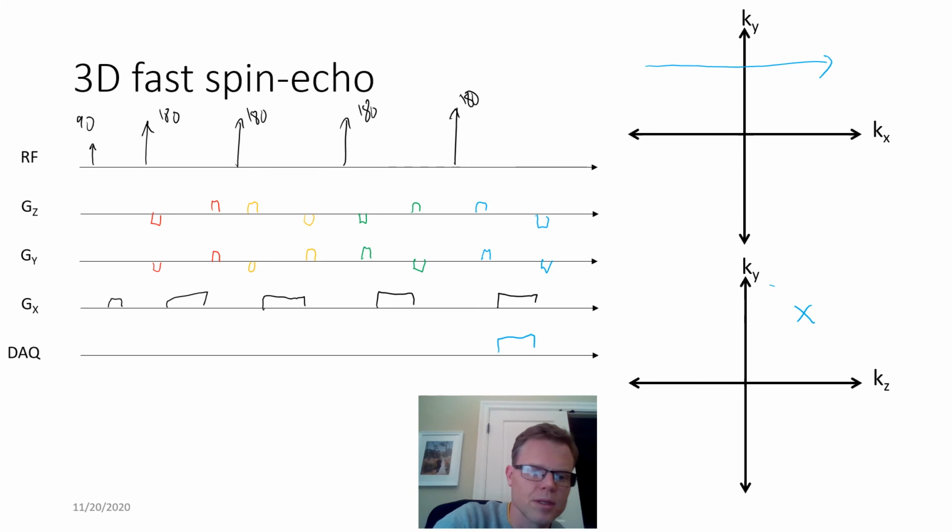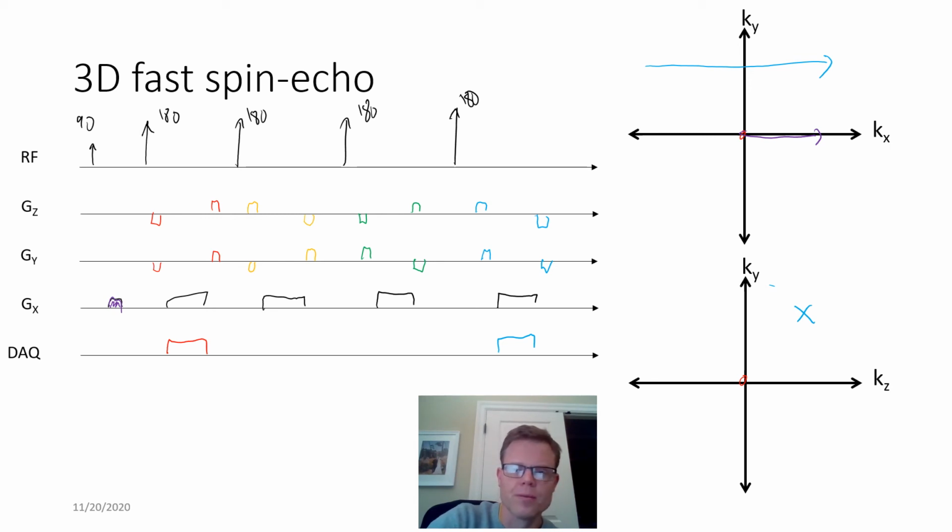Let's go back to the beginning here. Initially, keep in mind we'll be at the center here. Let's, in this first interval, let's call this purple, we're going to travel to a positive location in KX.